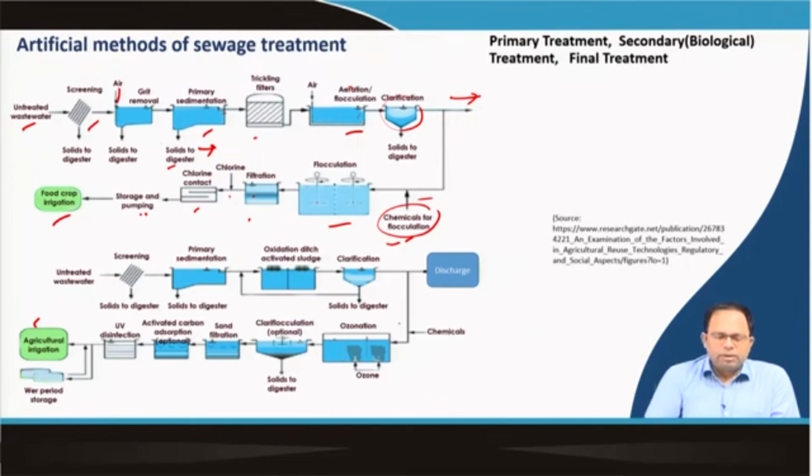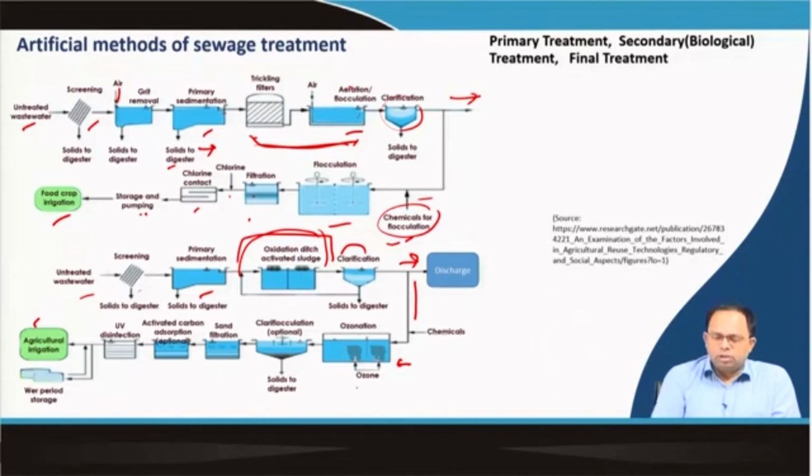In the next one you can see untreated wastewater, screens, primary sedimentation, and an oxidation ditch is used instead of a trickling filter or artificial biological treatment. Instead of an artificial biological treatment, we use a natural biological treatment. Then again clarification, secondary clarifiers, then some amount of water is discharged, but the water that is reused is again taken through an ozonation tank.